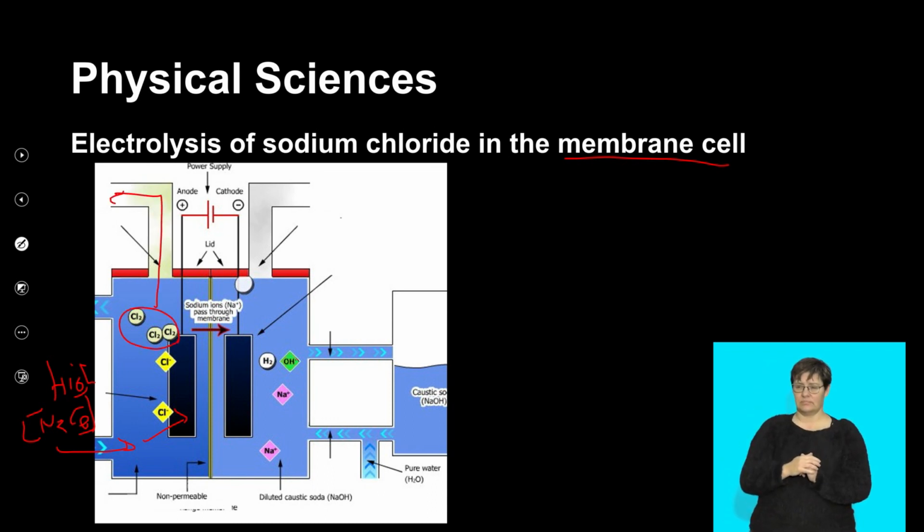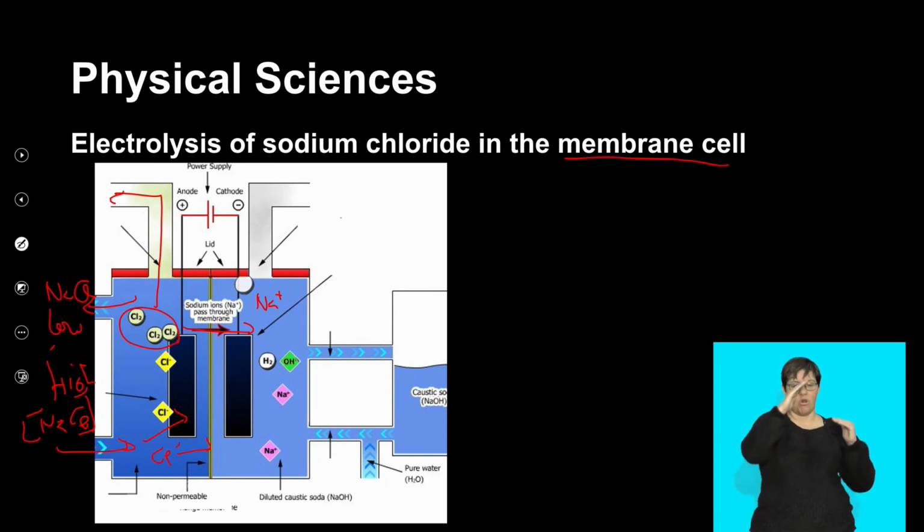But the extra chlorine may think it's going to drift across there, but the membrane stops it. And the only thing that can get through onto this side is sodium ions. What's left over, because this is all pumping, is depleted brine. So it's sodium chloride in the solution, but at low concentration.